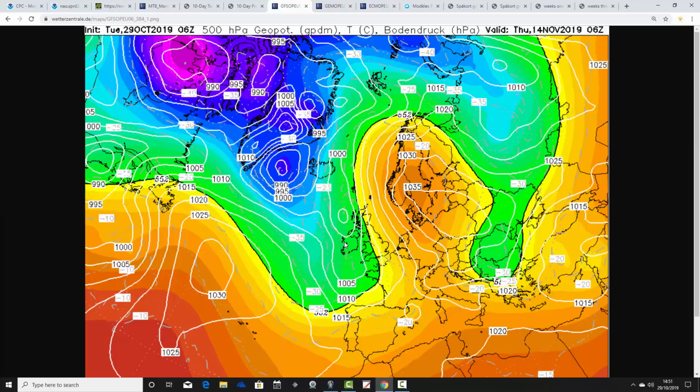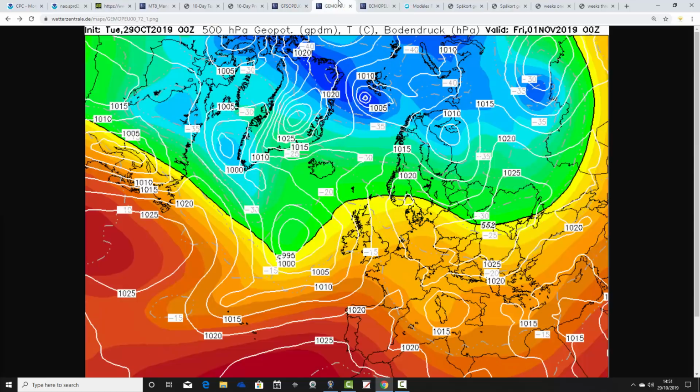By the end of the GFS run, which is Thursday the 14th of November, you've guessed it, the low pressure's coming back in from the Atlantic. We'll be cutting off that southerly supply and will be taking us back into wet conditions once again. The main storyline at the moment continues to be heavy rain, I think, more than anything else.